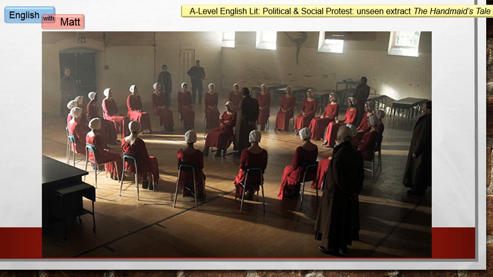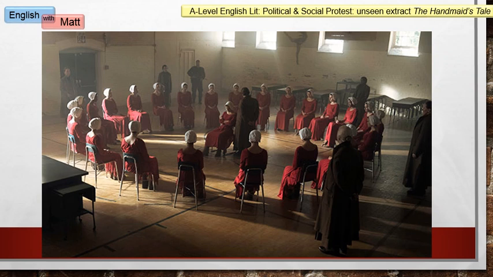So the women in brownish coats are called aunts, and the women in red cloaks are the handmaids. So they are the ones that are being taken from their children and lives and are being forced to become handmaids. And this is part of Janine's testifying, where Janine has to admit something that's happened in her past to try and seek atonement.